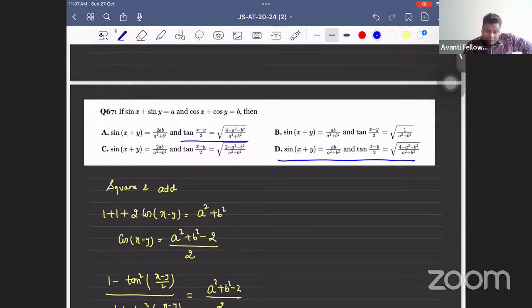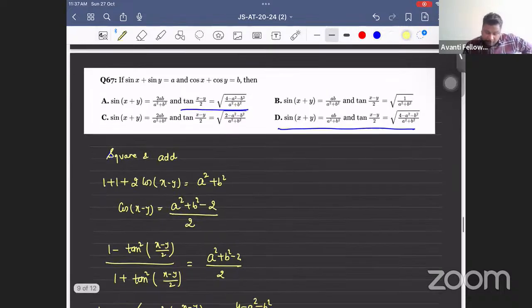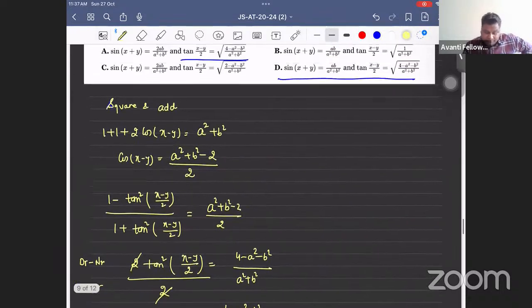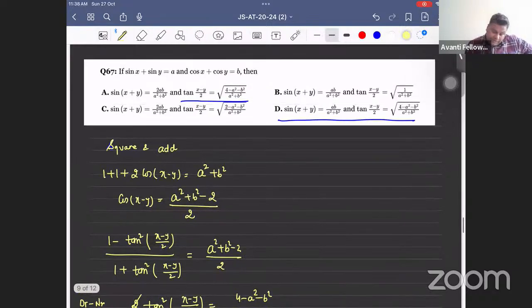Now I will have to check for sine of x plus y. Now how do I get sine of x plus y? See, if you apply sine C plus sine D in the first equation, what do you get? 2 sine (x plus y) by 2 cos (x minus y) by 2 is equal to a.